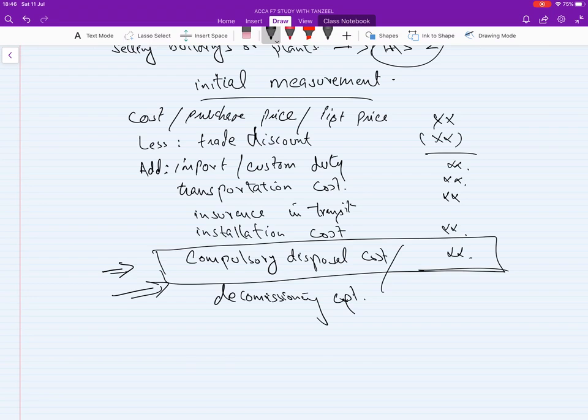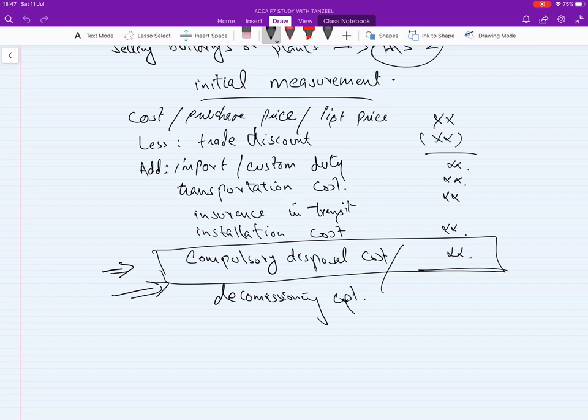We have already studied that whatever expense you are going to incur after 12 months, you have to record at its present value. If you have a 20-year project, after 20 years you have to dismantle it, so that dismantling and land restoration cost will be recorded at the present value of its future cash flow.